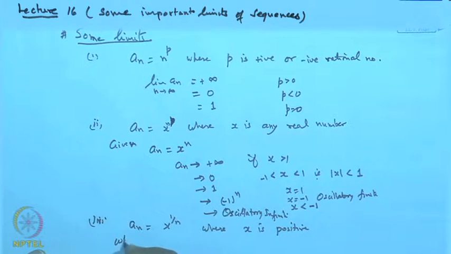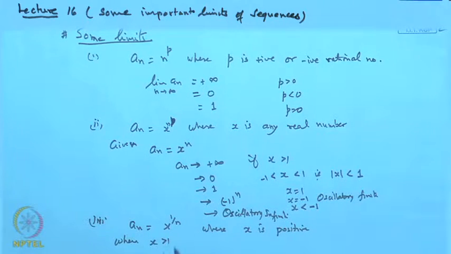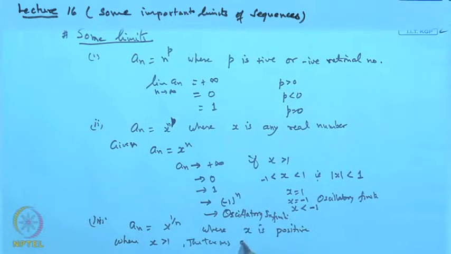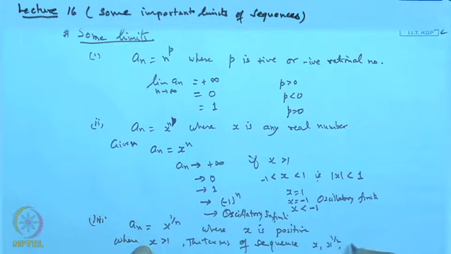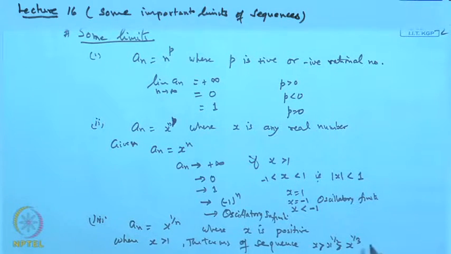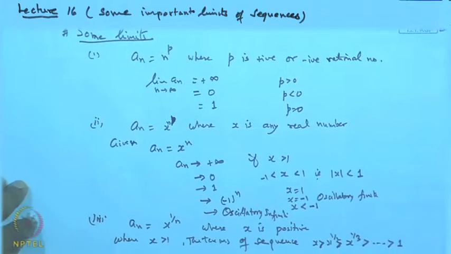So, the terms of the sequence, that is x, x to the power half, x to the power 1/3 and so on, are satisfying this: x is greater than this, x to the power half is greater than this, and all the terms are greater than 1. It means it is a monotonic decreasing sequence bounded below, is it not?